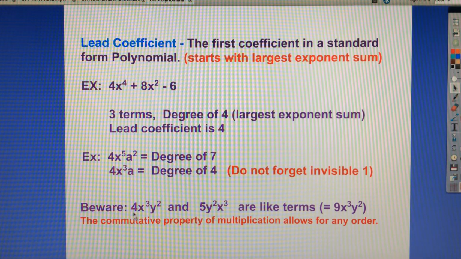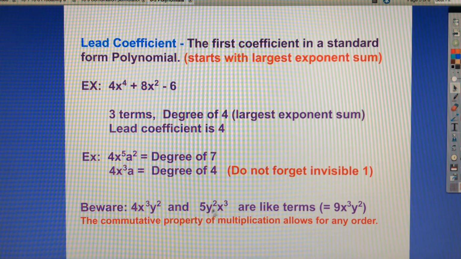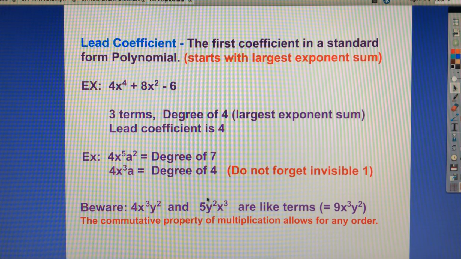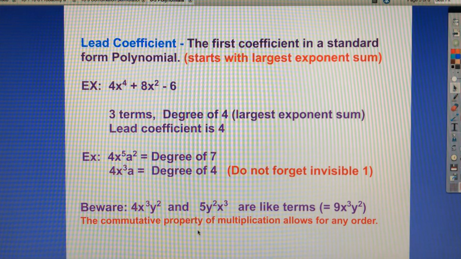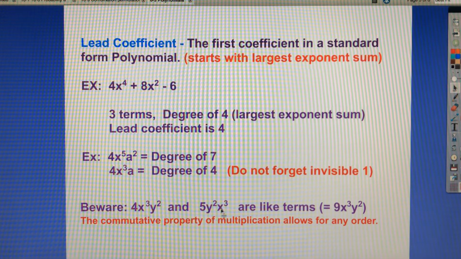Beware. 4x to the 3rd y to the 2nd and 5y to the 2nd x to the 3rd are yes, like terms. You can take any part of a multiplication problem and, using the commutative property, you can rearrange the variables here.